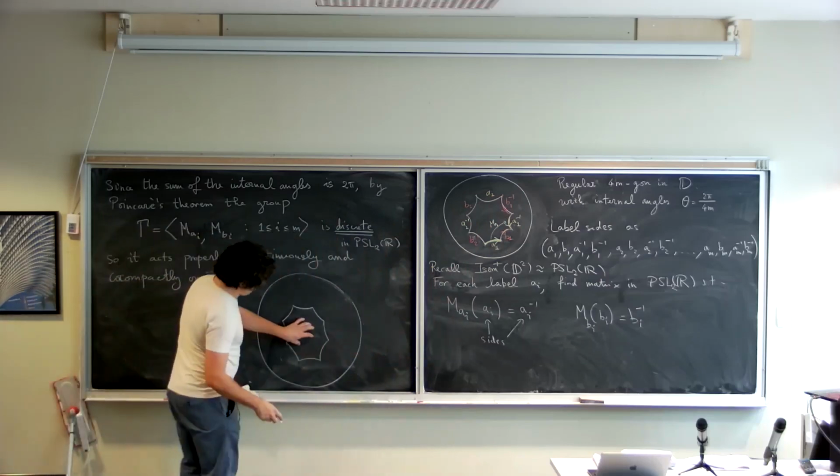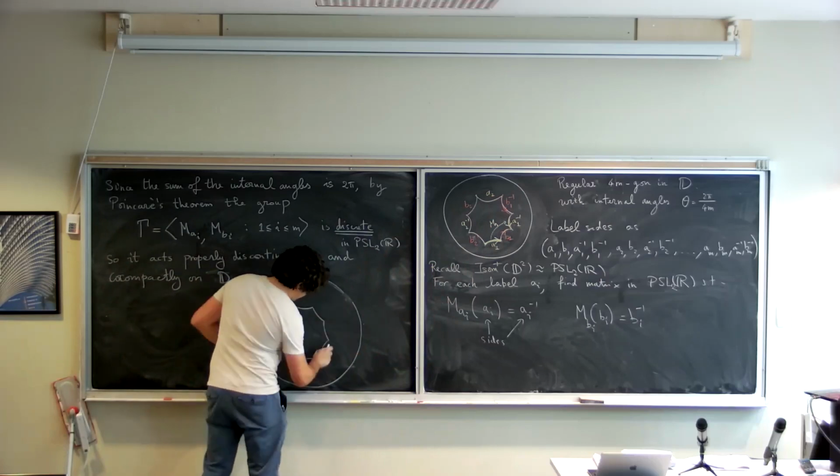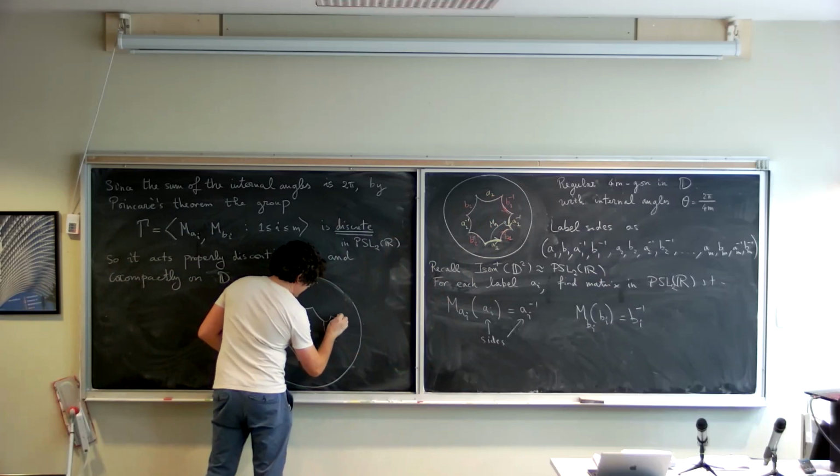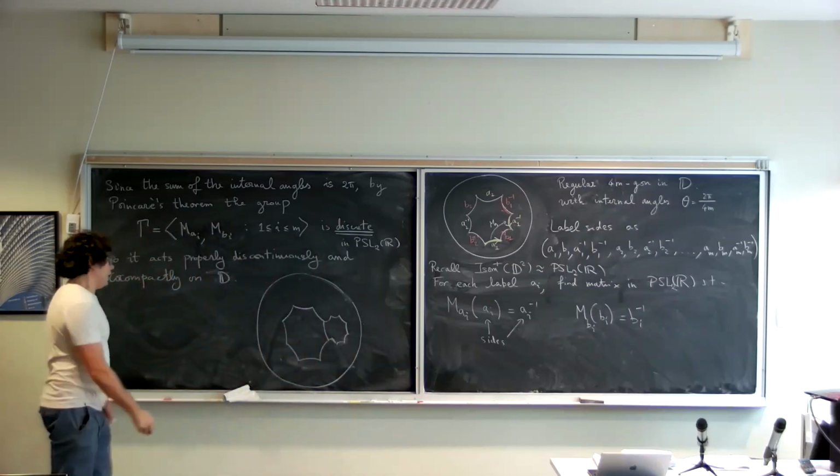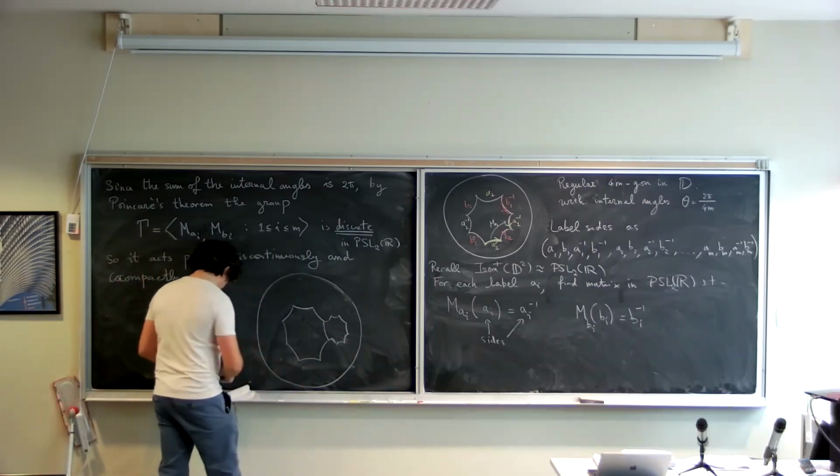So for instance, from here, if you map it that way, you will produce another octagon like that, and so forth.